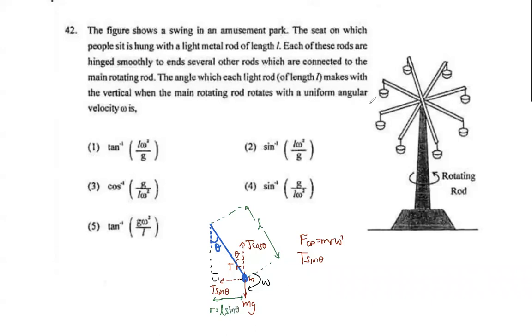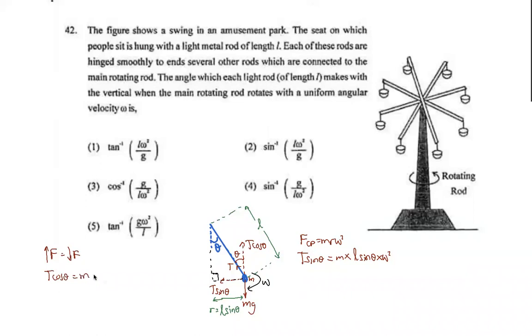So T sin theta is the centripetal force, equals m, instead of r we can put L sin theta, into omega square. Moreover, we know upward force should be equal to downward force because the object is performing a horizontal circular motion. So upward force is T cos theta, downward force is mg.